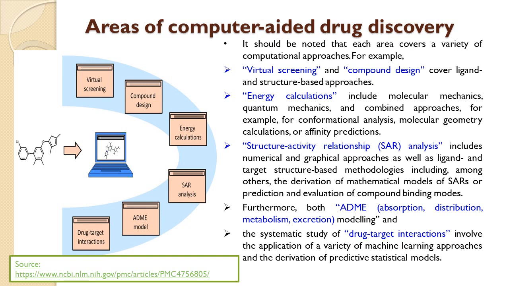Furthermore, both ADME, that is absorption, distribution, metabolism, excretion, modeling, and the systematic study of drug target interactions involve the application of a variety of machine learning approaches and derivation of predictive statistical models.